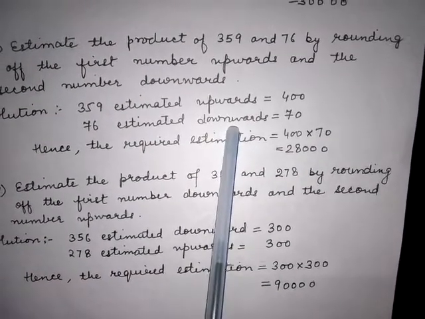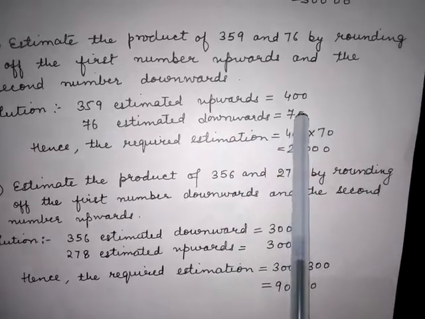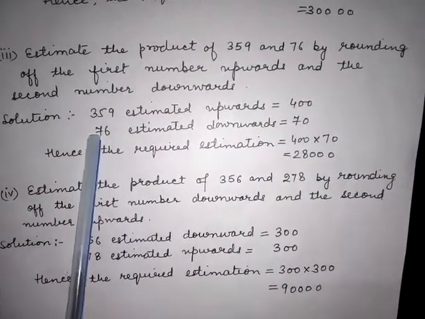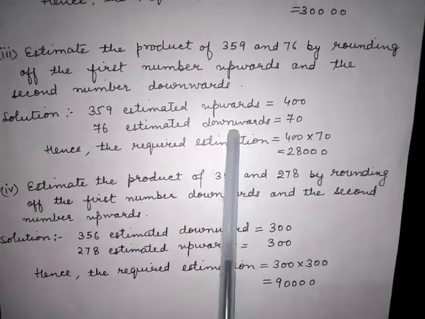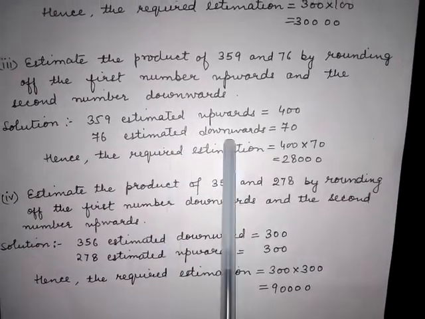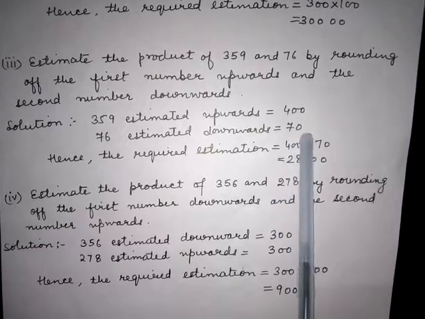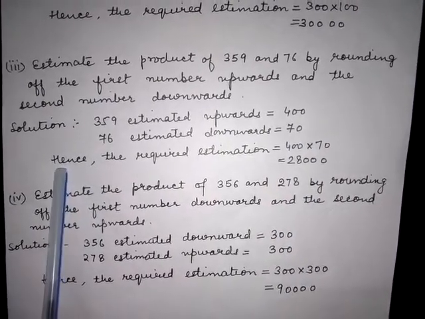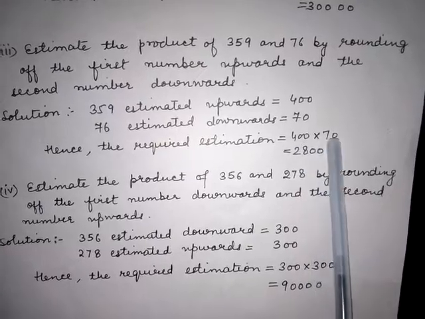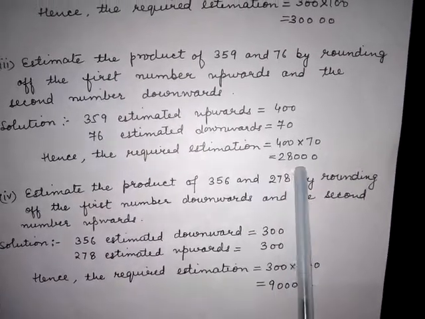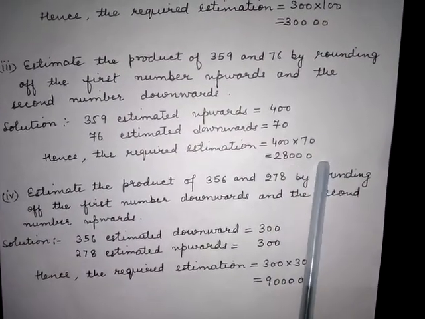So nearest 10 is the most possible place here to round this 76 to. So the 76 estimated downwards means estimated to the nearest 10, which is equal to 70. Hence, the required estimation equals 400 into 70, which is equal to 28,000.